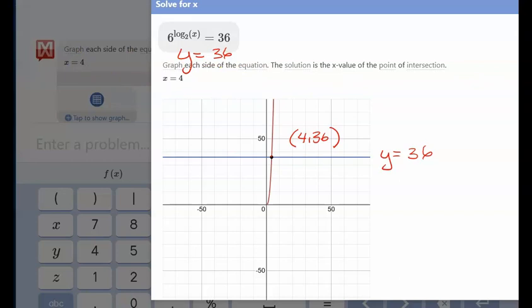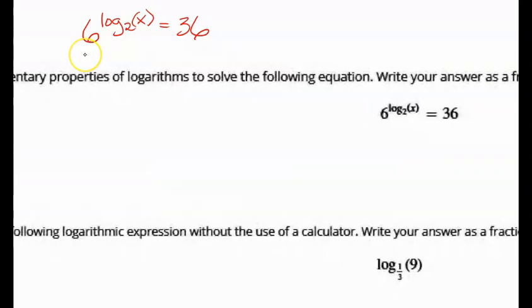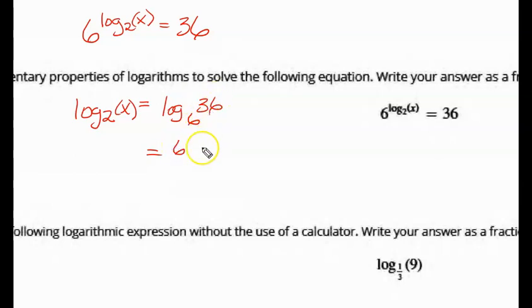Now, this is one way to think of it. Our textbook suggests another way, and that was to put each side into its log form. So log base 2 of x is equal to log base 6 of 36. Well, looking at this side, we get that our base is 6. To what power would that be needed to make it, what exponent to give this answer?